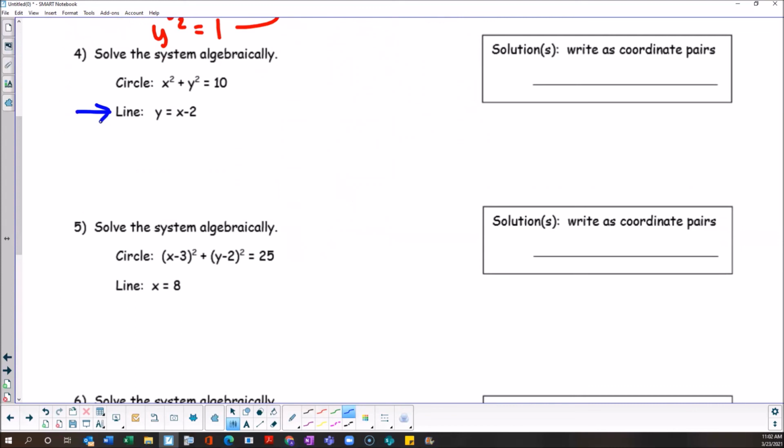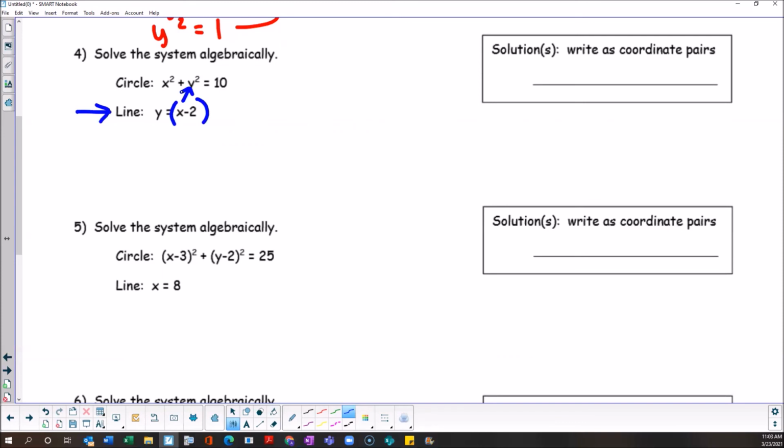They're giving us something like this, where the equation of a line is y equals x minus 2. So what you need to do on that one is still use substitution, but I have to substitute x minus 2 in for y instead of a number.